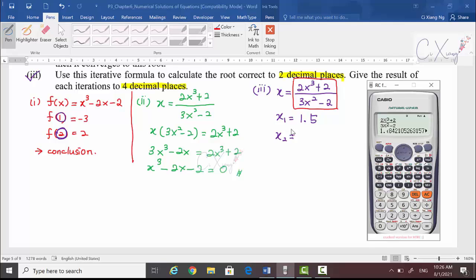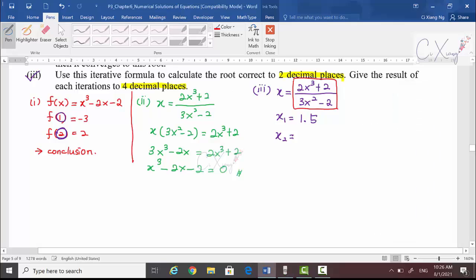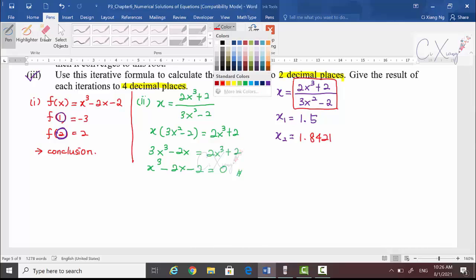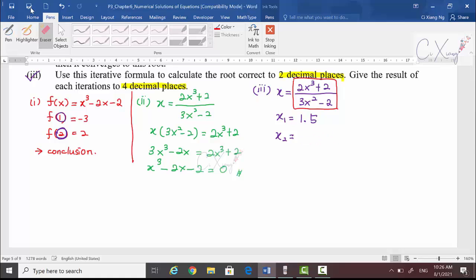That means the value of x2 is 1.8421. All right, so I will just write it here first. It will become 1.8421. Sorry, I maybe use the purple color, 1.8421.